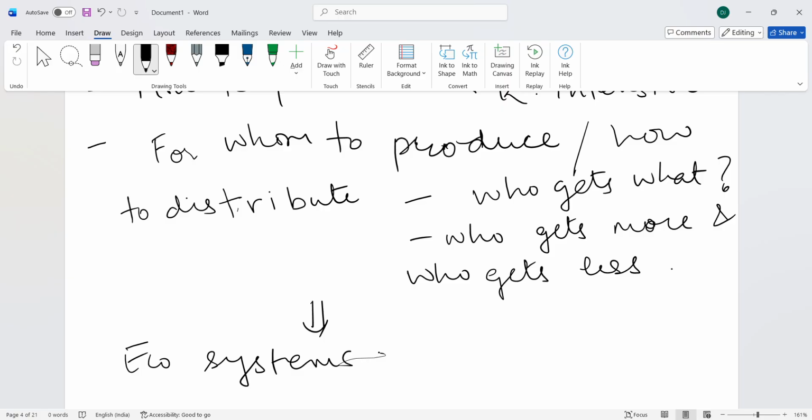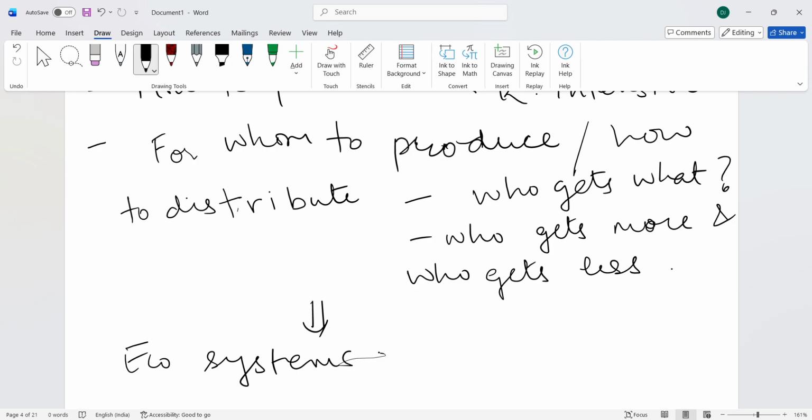From those economic choices, we come to these three basic economic problems. And from these basic economic problems, we come to the economic systems, because the way these three basic economic problems are resolved depends upon what economic system is working in a particular economy.